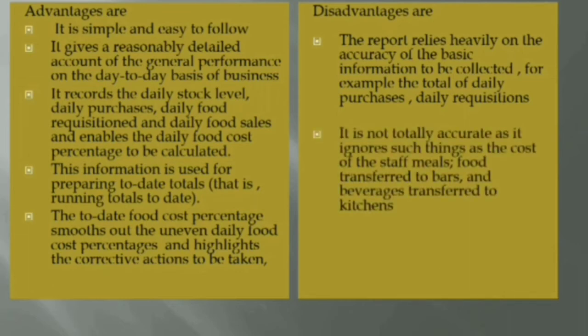It is not totally accurate as it ignores such things as the cost of staff meals, food transferred to the bars, for example potato chips, nuts, salted biscuits, trays of canapés, etc., which are given away free in the bars to customers, and items such as lemons, limes, etc., which are included in certain drinks, and the beverages transferred to kitchens, for example wine, spirits, beer, etc., for use in the cooking of specific dishes.